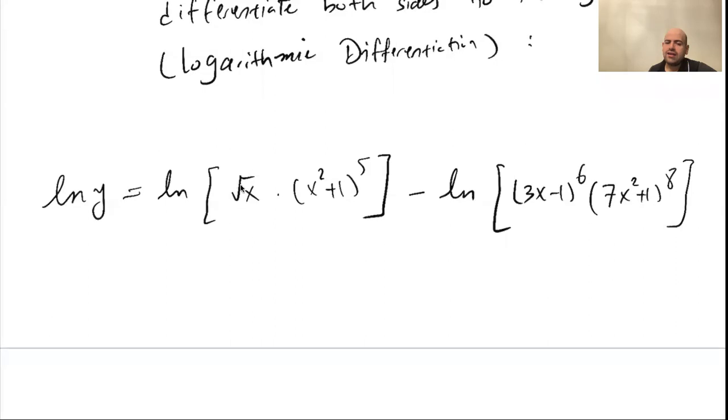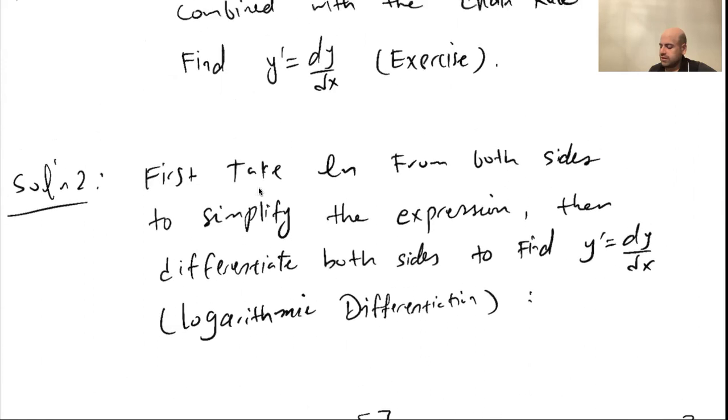Now I have ln of a product of two functions. I can write them as ln of the first plus ln of the second, right? So ln of root x means x to power 1/2. Power can also be taken out, right?